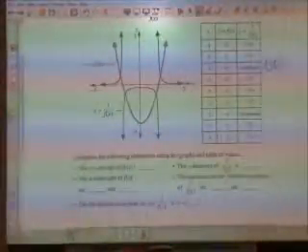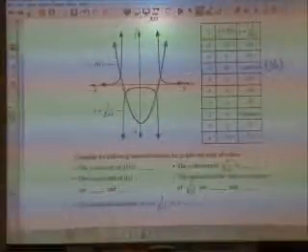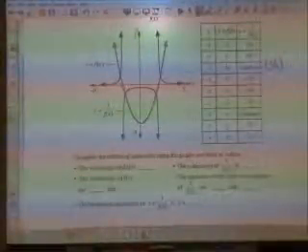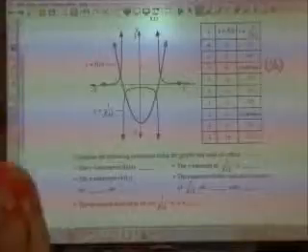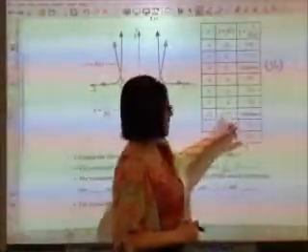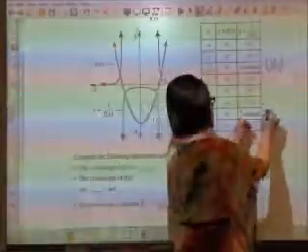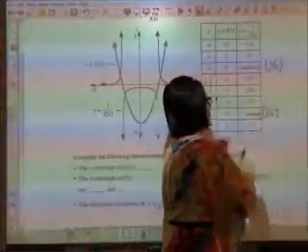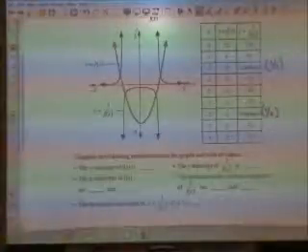And then the same thing happens when x is equal to +2. When x is equal to 2, f of x is equal to 0, and the reciprocal would be undefined because I can't have 1 divided by 0.